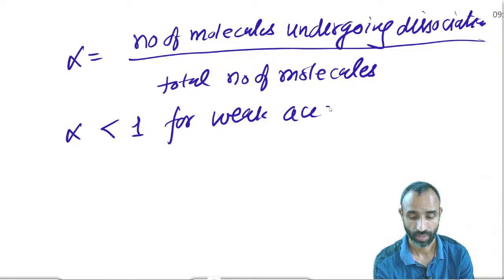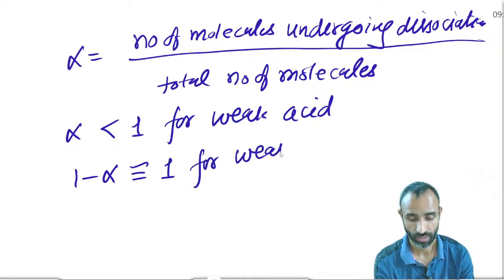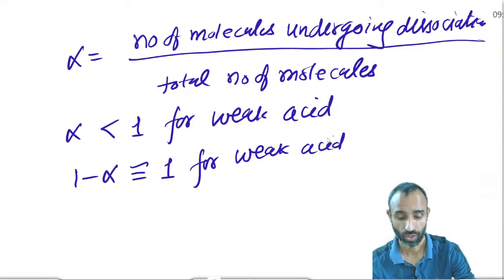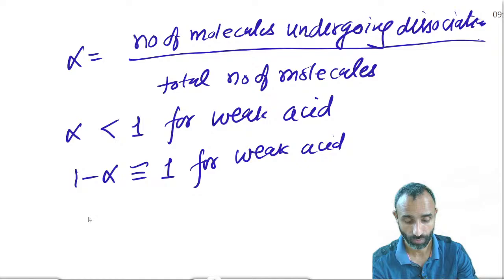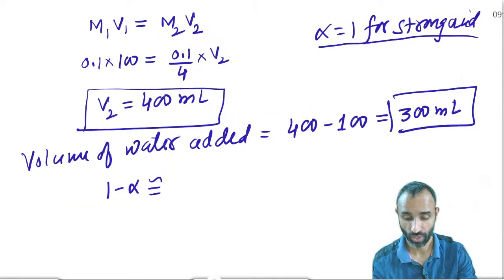So how do we get 1 minus alpha as 1? It can be 1 for weak acids. It can never be equal to alpha actually, because if alpha is 1, then this formula is not applicable.